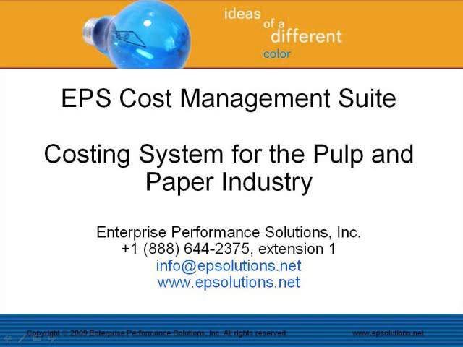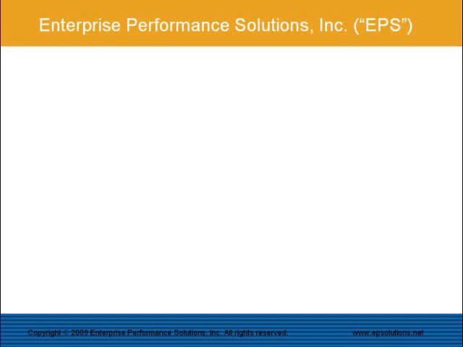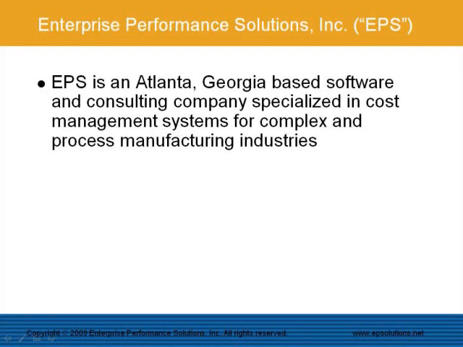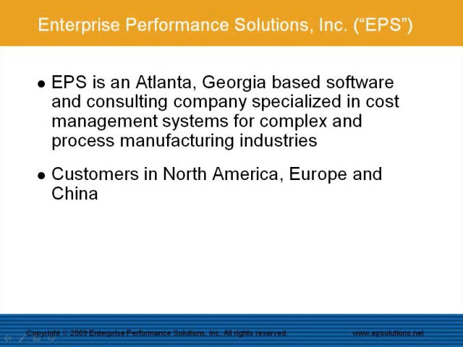First, an introduction to our company. EPS is a software and consulting company located in Atlanta, Georgia, that specializes in cost management systems for complex and process manufacturing industries. We have customers in North America, Europe, and China.